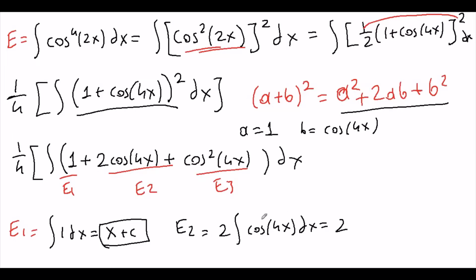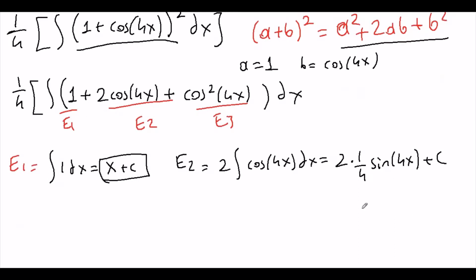The antiderivative of cosine ax is 1 over a times sine ax. So 1/4 sine of 4x plus c. So this is going to be 1/2 sine of 4x. Our E2 term is also done.